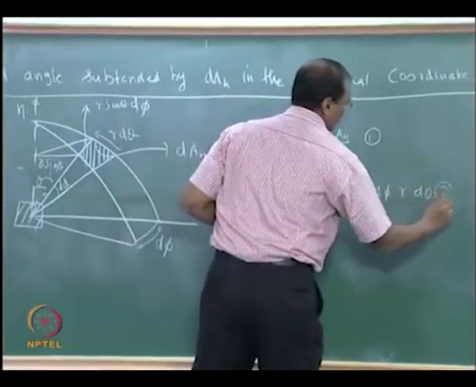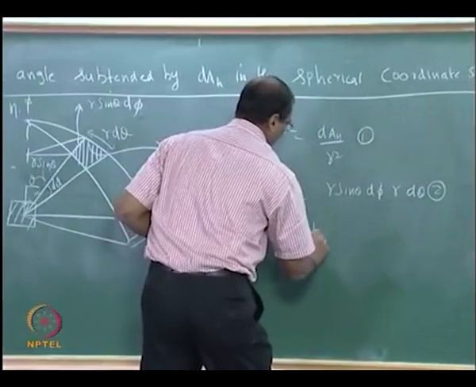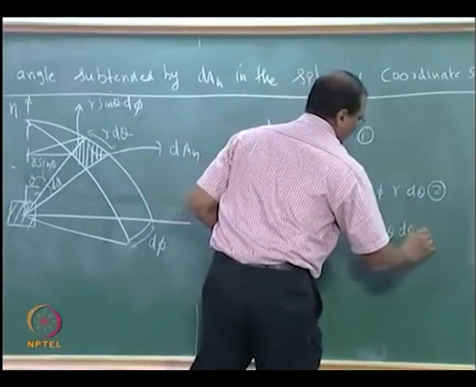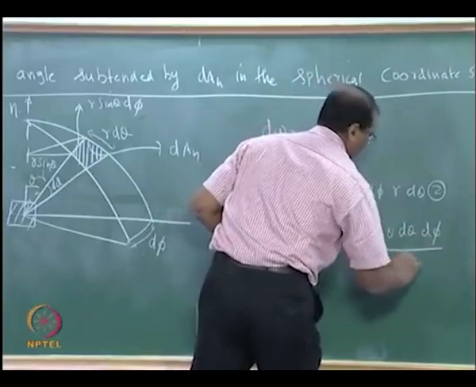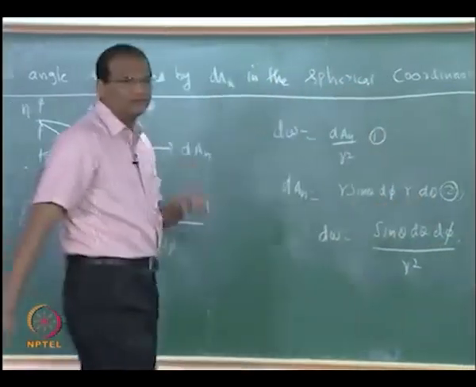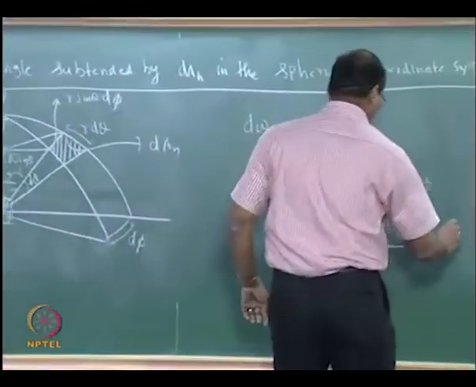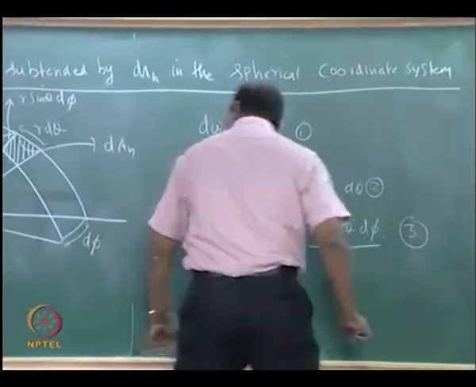Therefore, d omega is equal to sin theta d theta d phi, which will be equation number 3. No r squared, correct.